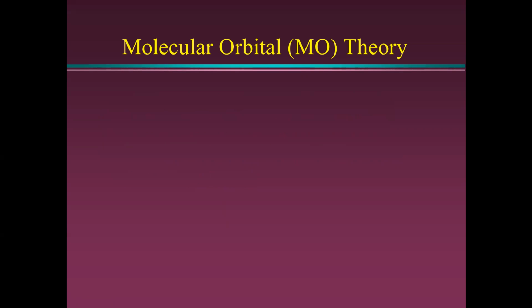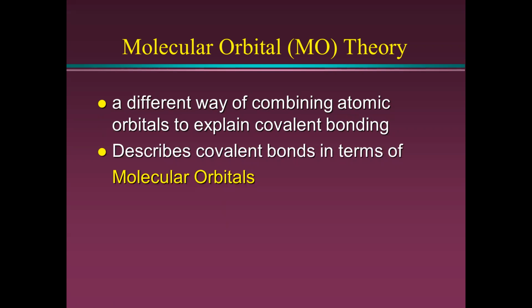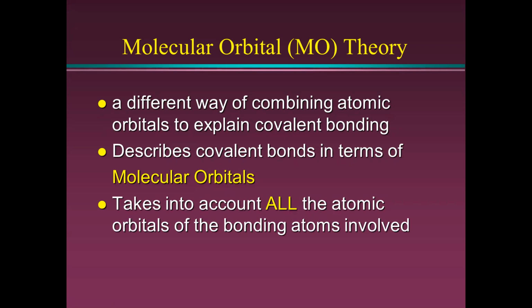Let's see details. This molecular orbital theory is different from the valence bond theory because it considers all the atomic orbitals of the bonding atoms involved, not just the valence electrons, like the valence bond theory.